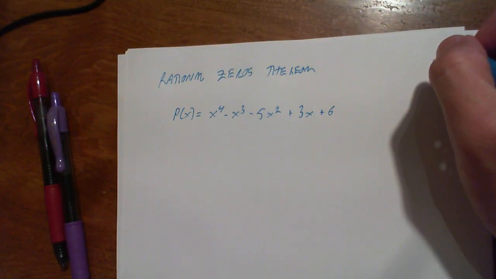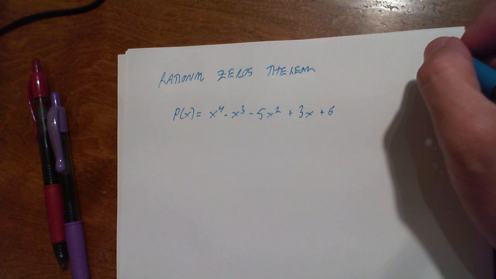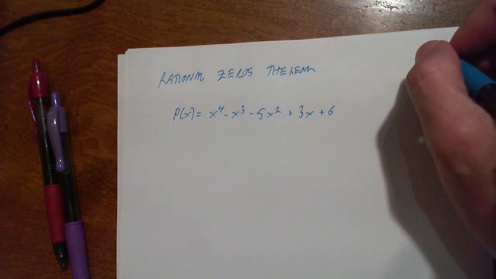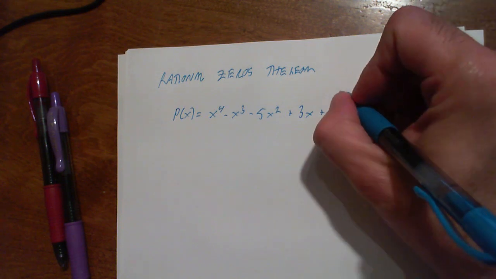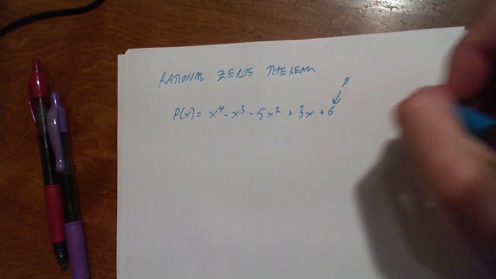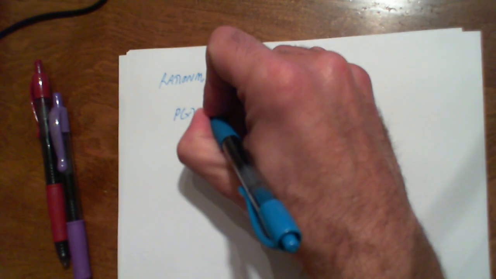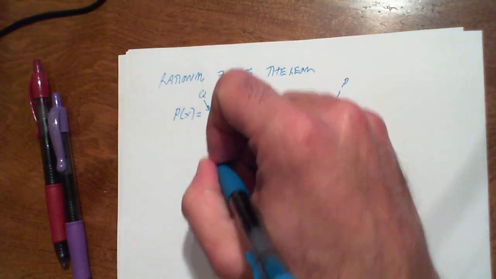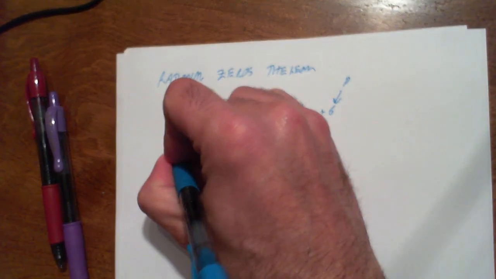In order to factor this, it's a fourth degree, so we have to figure out what our p and our q are. So these are our factors of p, and then our factors of q.